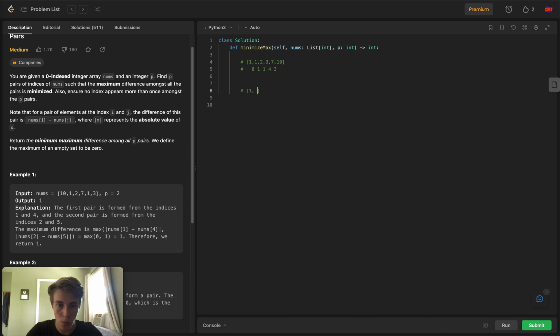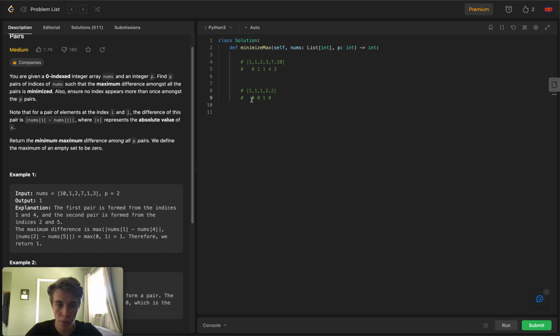So would this work? 1, 1, 1, 2, 2. It seems here that if I was to pick out the first pair, I would... Well, no, if I pick out the first pair, I'm fine. 0, 0, 1, 0.